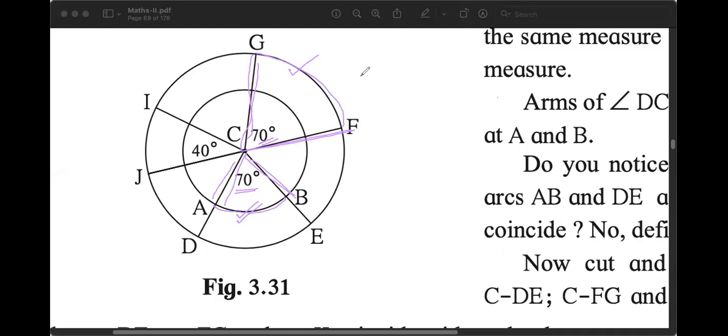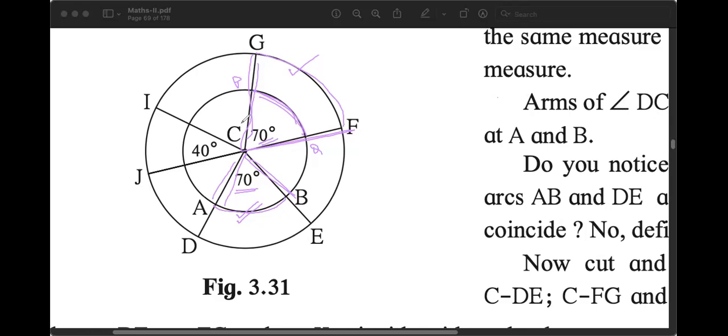So although the measure of the arcs are same, they are not congruent because the radii are different. Whereas this arc, we called it PQ, was congruent to the arc AB because both the radii and the measures were same. And this is the condition for congruence of arcs.